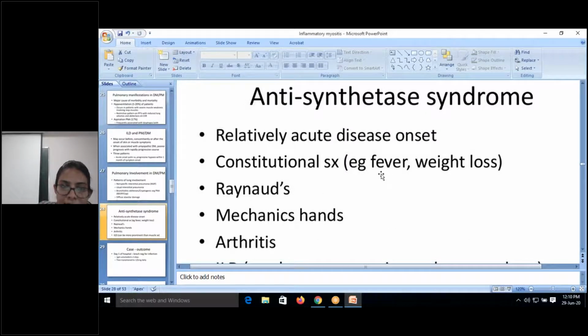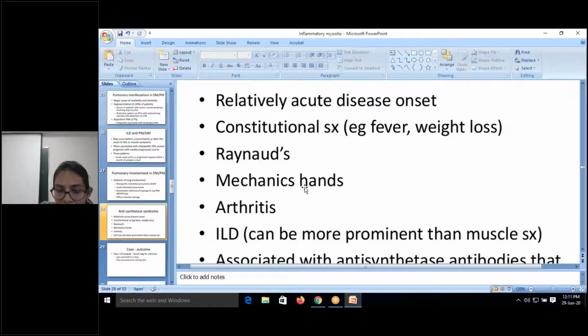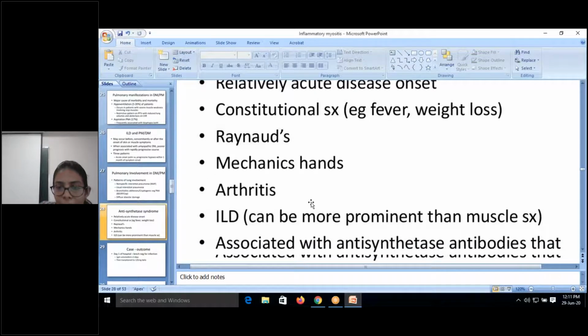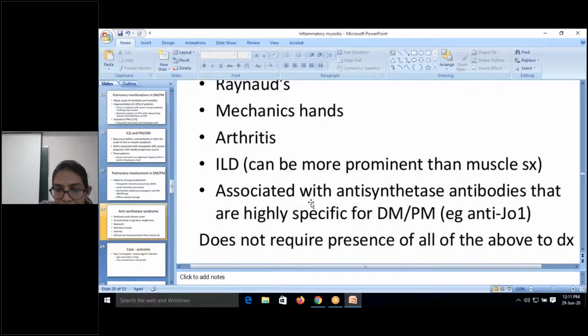Coming to antisynthetase syndrome, it has a relatively acute disease onset, and constitutional symptoms like fever and weight loss can be present. Raynaud's phenomenon is present, and mechanic's hands are common here. Arthritis with fever is a common manifestation. ILD can be more prominent than muscle involvement, and it is associated with antisynthetase antibodies that are highly specific for dermatomyositis or polymyositis.